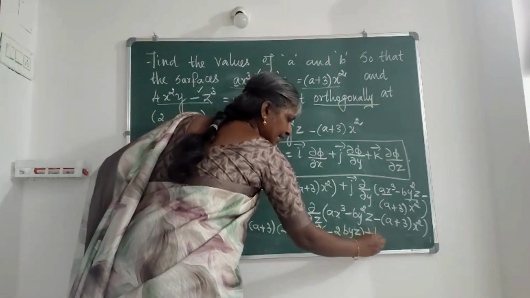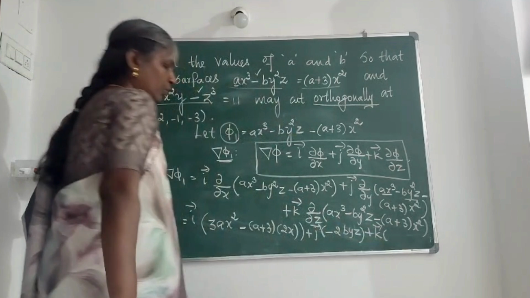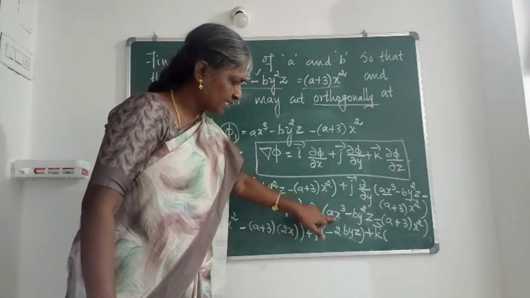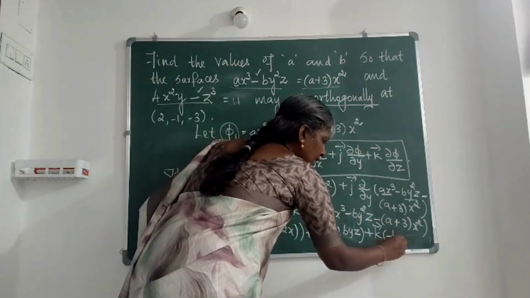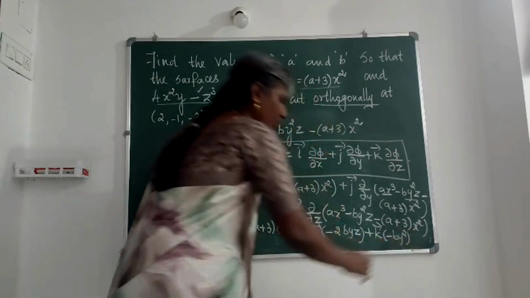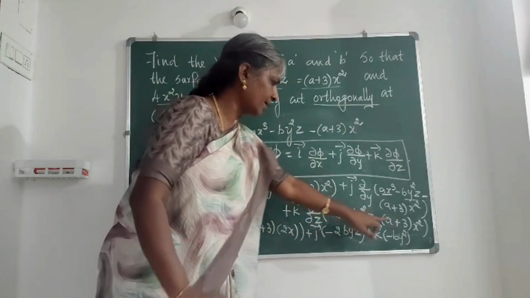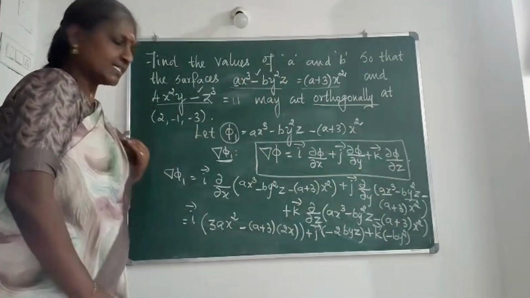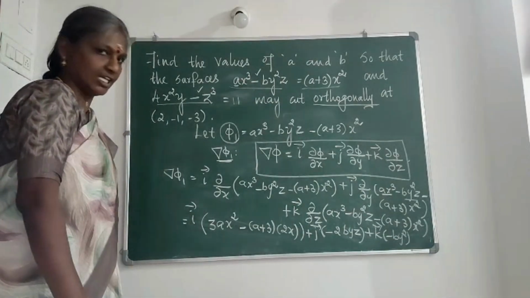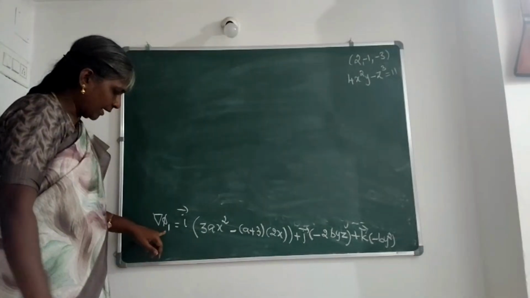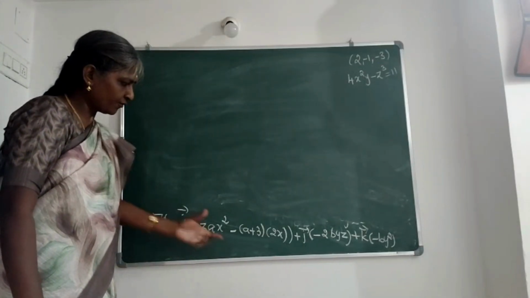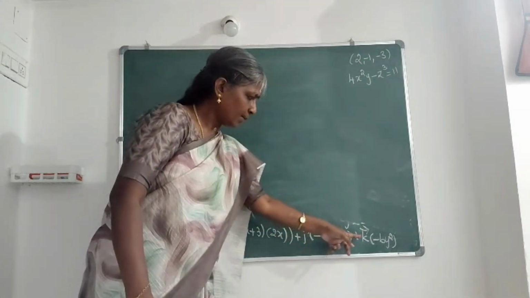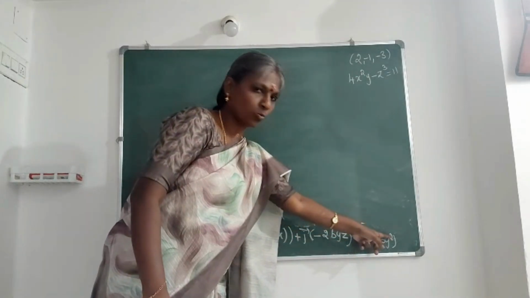Plus k vector of ∂/∂z of, here we are not having any z term, so the first term becomes 0, minus by², because the differentiation of z is nothing but 1, and in the next term we are not having a z term, so that becomes 0. Now del φ1 is equivalent to i vector of this much plus j vector of −2byz plus k vector of −by².